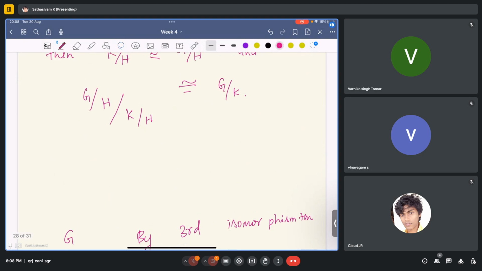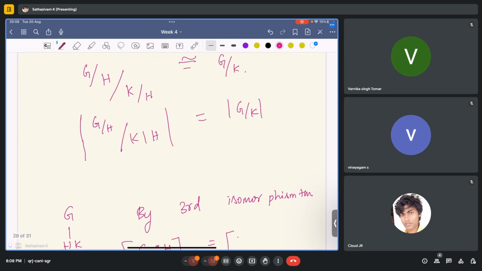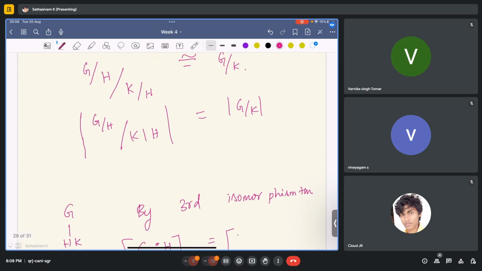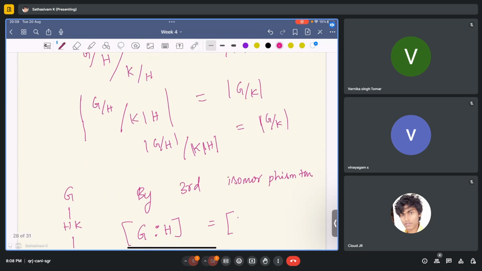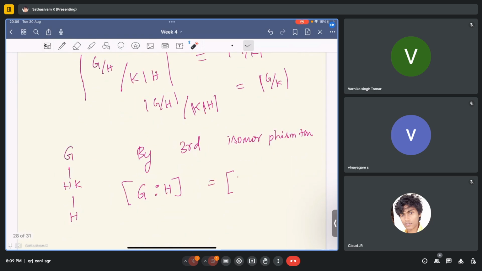If you take the order on both sides, what you get is that the order of G by H by K by H is nothing but the order of G by K. Now I want to find this order. If you want to find the order of G by H, you can take it to the other side.